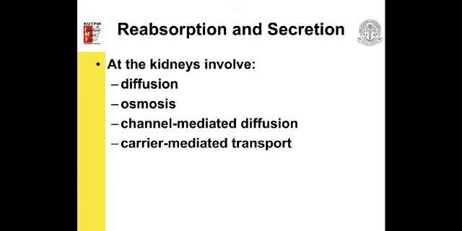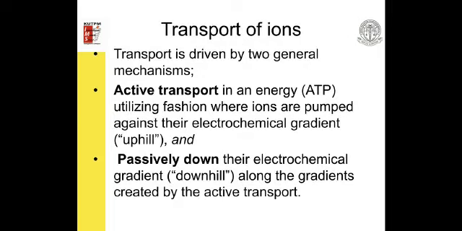So reabsorption and secretion in the kidney involve transport mechanisms like passive transport, which involves diffusion and osmosis, channel mediated diffusion, or carrier mediated transport, which is facilitated.